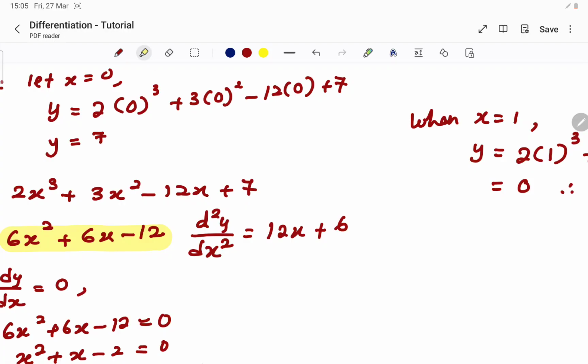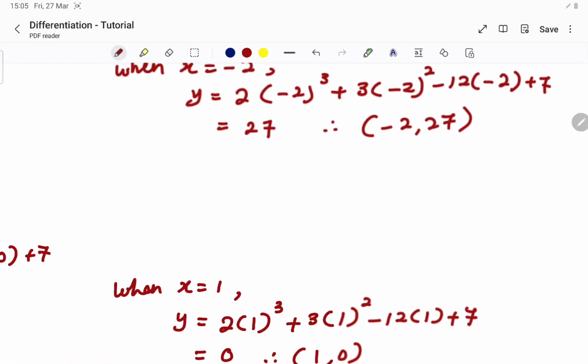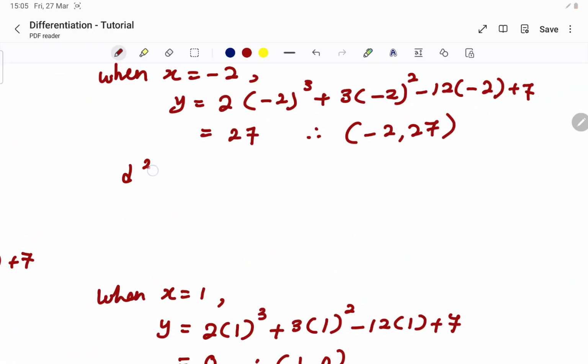Then what you have to do is substitute x inside. So we have d squared y over dx squared equal to 12x plus 6. So substitute x equals negative 2 into 12x plus 6.